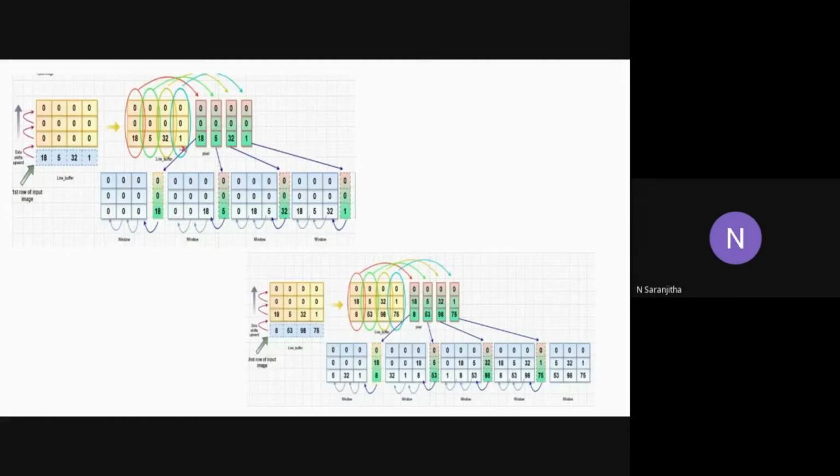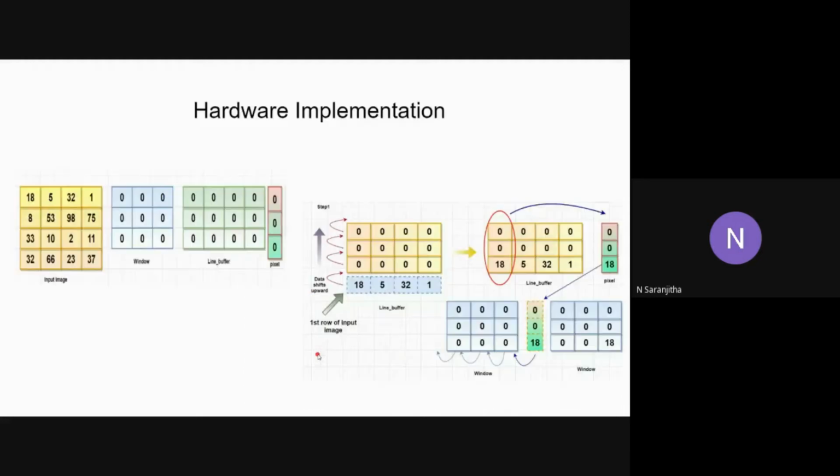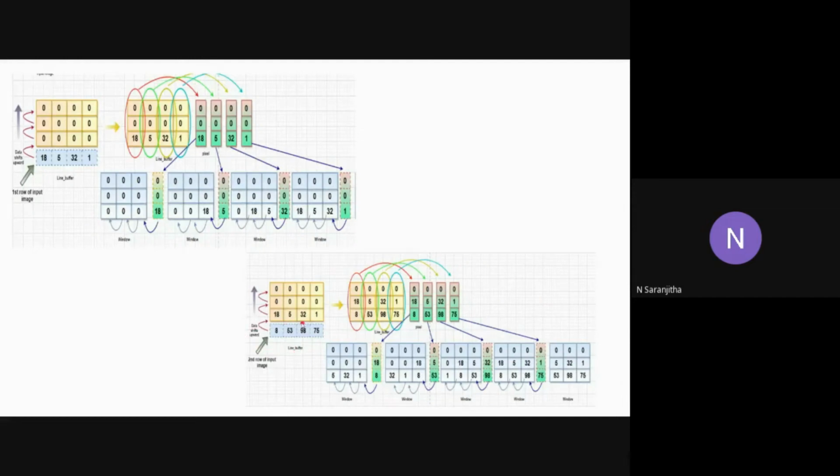All the columns of the line buffer are copied into the pixel array in each iteration, and in each iteration the pixel array is copied into the last column of the window matrix by shifting leftwards. So this is the last step, after shifting all the 4 columns. In the second iteration on the line buffer, the second row of the input image is copied into the last row of the line buffer by again shifting the line buffer vertically upwards.